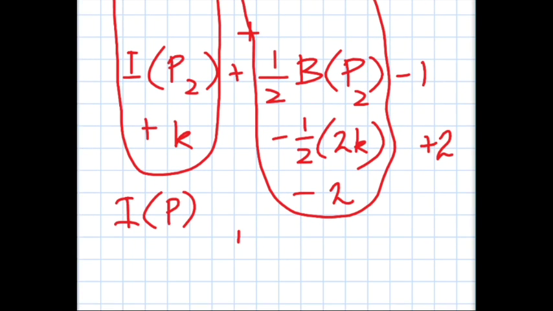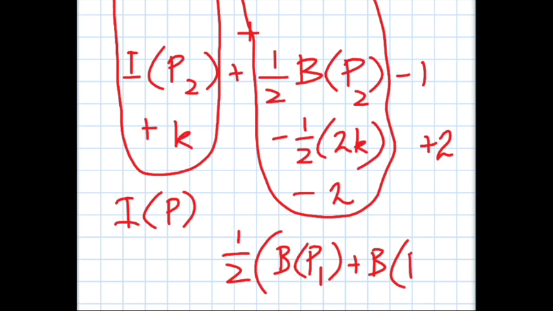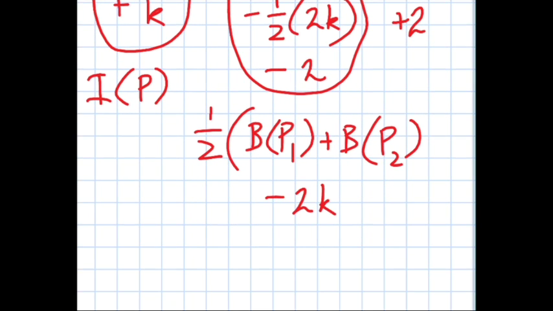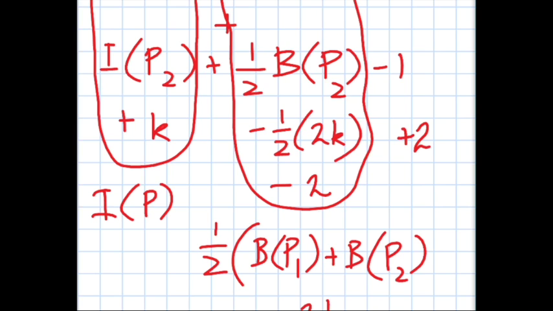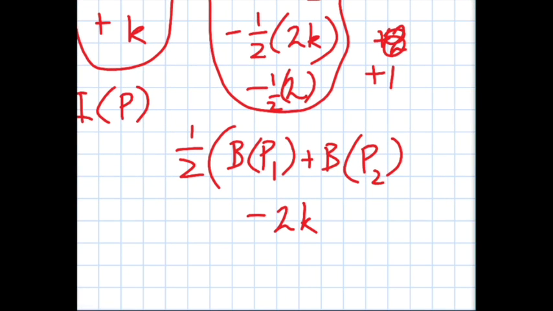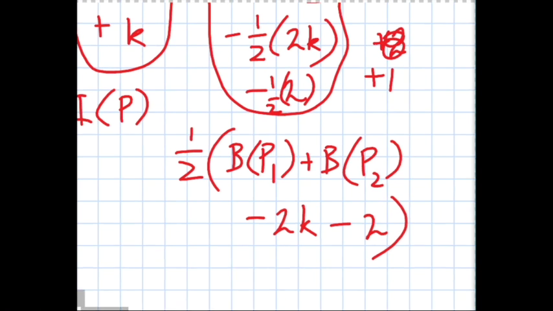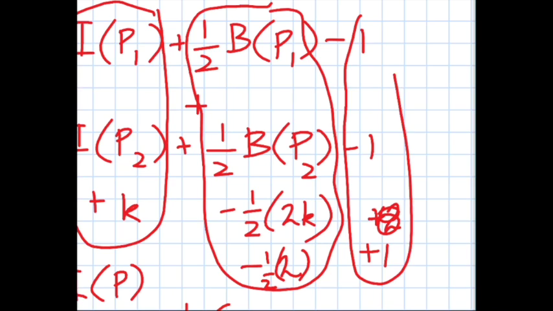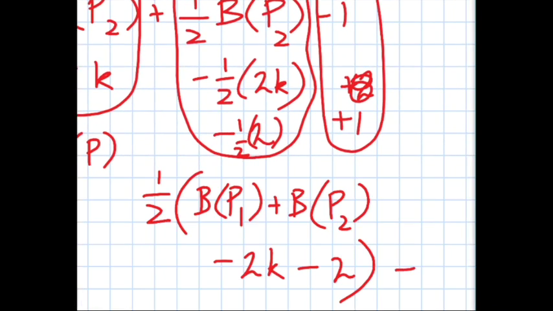This guy is half times b of p1 plus b of p2 minus 2k. I should actually say minus half times 2 and plus 1 here. So I can say minus 2k minus 2, and this is -1, -1 and +1. So this is -1.